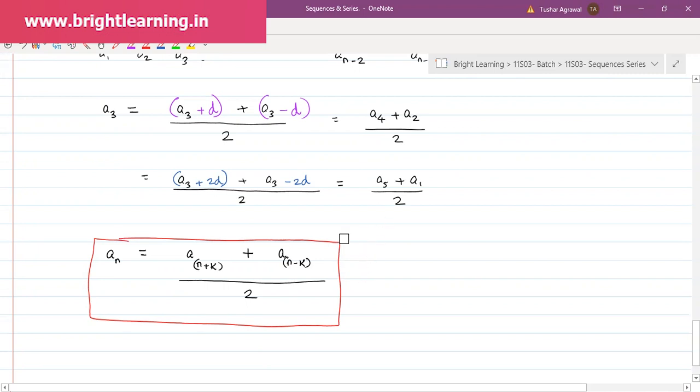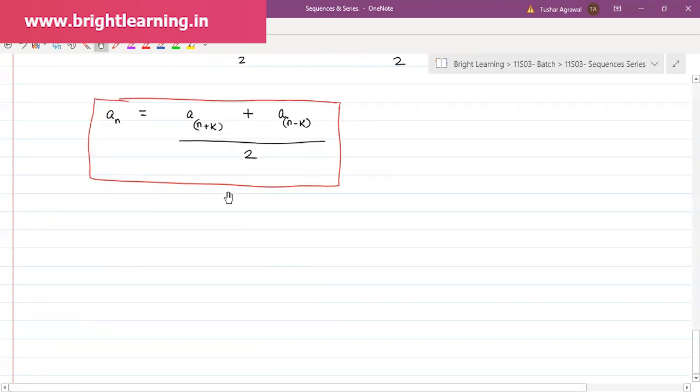A similar result I can also say, if you can see this result for yourself. Try to think whether you can get this result for yourself. The previous and next terms are, let's say, AN plus K and AN minus K, the addition of these two terms.